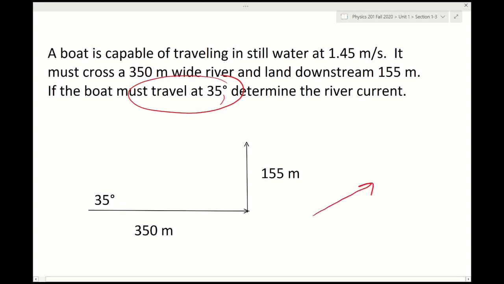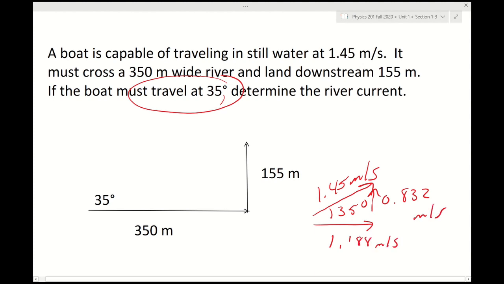This results in components of 0.832 and 1.188 meters per second. So what we now know is we can determine the amount of time that it takes to move horizontally.